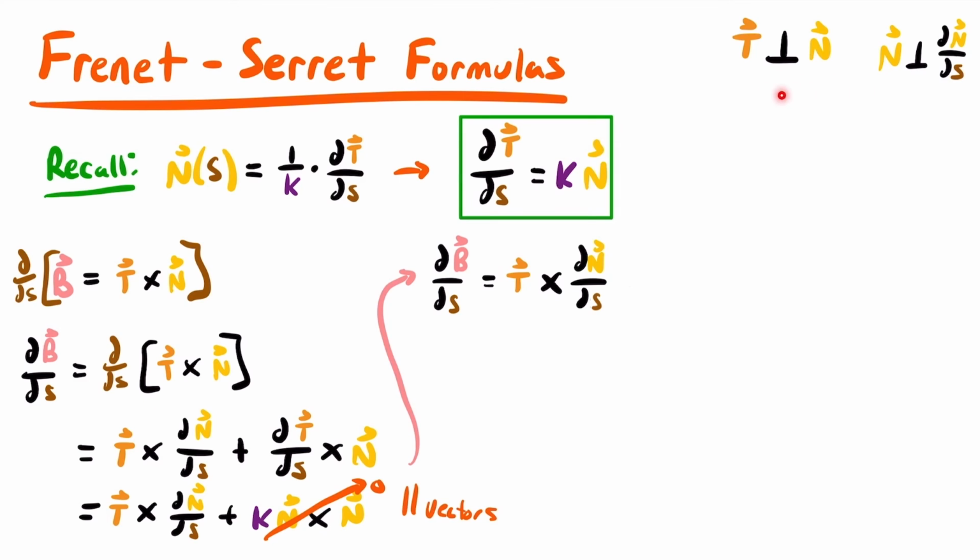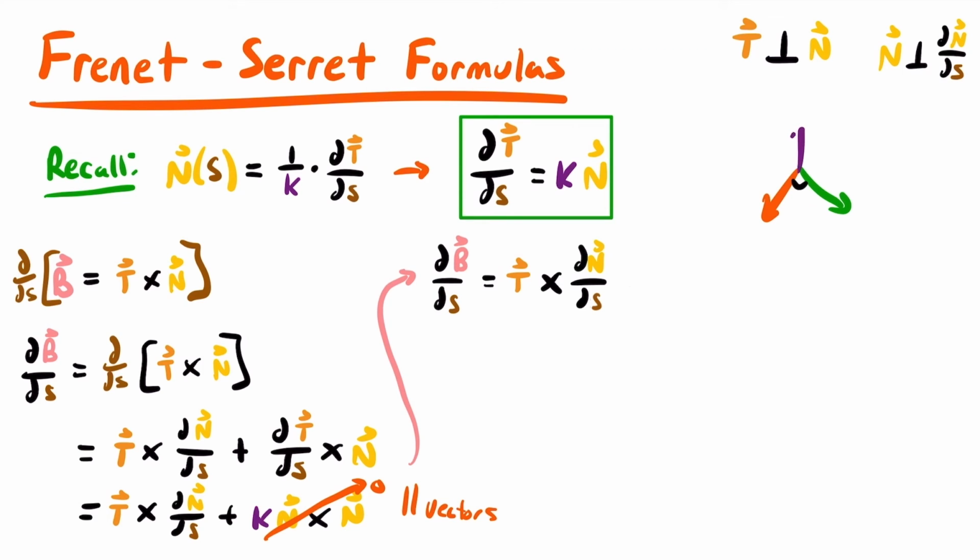So we know that these two things are true. Both the unit tangent vector and the derivative of the unit normal vector are perpendicular to the unit normal vector. So what that means is that their cross product would be parallel to the unit normal vector, right? Just think about it like this. If you have two vectors that are perpendicular and you take their cross product, you have to get a vector that is perpendicular to those two vectors.